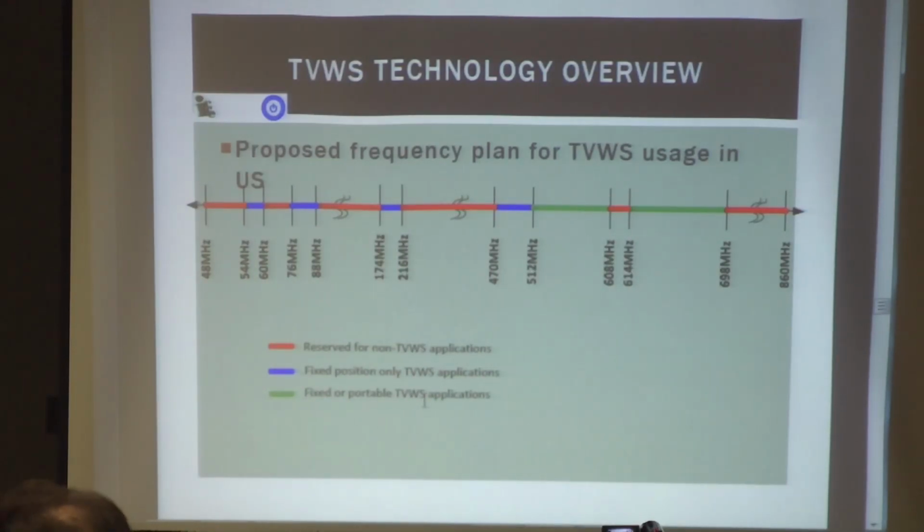The reason for this is that, as I said earlier, as your carrier frequency goes down, your antenna becomes larger, and then it becomes very difficult to implement a large antenna on a portable device. So the way that the FCC mandated this is that frequencies within the lower VHF range would have to be fixed devices, whereas the devices that operate at higher VHF ranges can be portable devices.